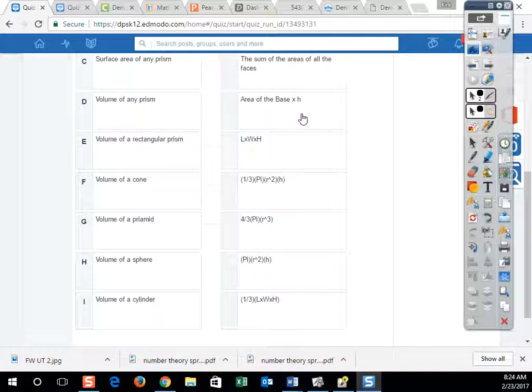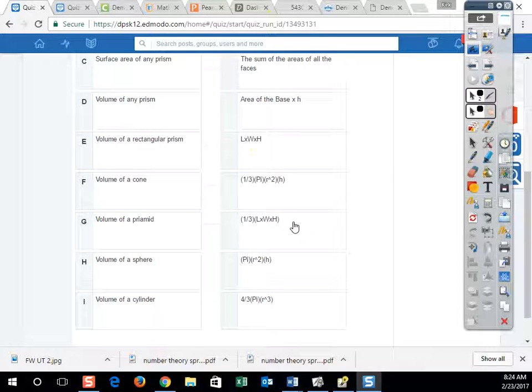All right, so the volume of a cone is 1/3 times the area of the base times the height. The area of the base is going to be a circle, so that's pi r squared. So I have 1/3 pi r squared times, oh, that's already there. That's really convenient. The volume of a pyramid is very similar to the volume of a cone, except the pyramid is going to have the base. Now, in that case, this is a rectangular base.